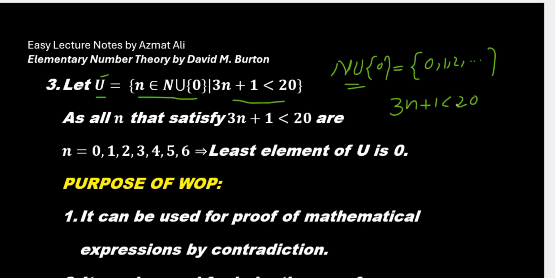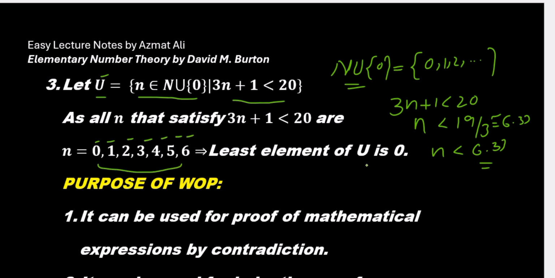If you solve this inequality for n, we have n < 19/3, which is approximately 6.33. So your integer should be less than 6.33. All those integers less than 6.33 are 0, 1, 2, 3, 4, 5, 6. Among these integers, the least element of U is 0.